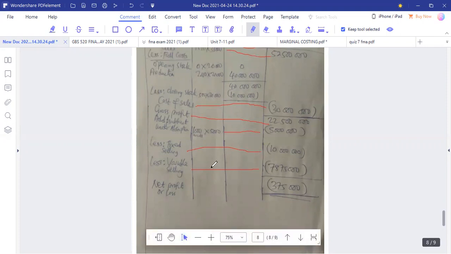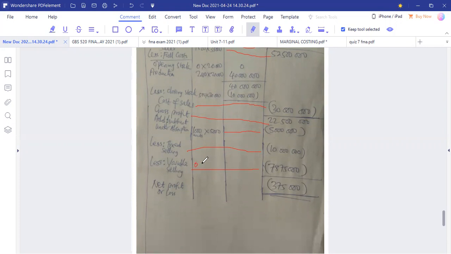This is where the 7,875,000 came from. So it was 0.15 multiplied by 52,500,000. That's where this figure came from.